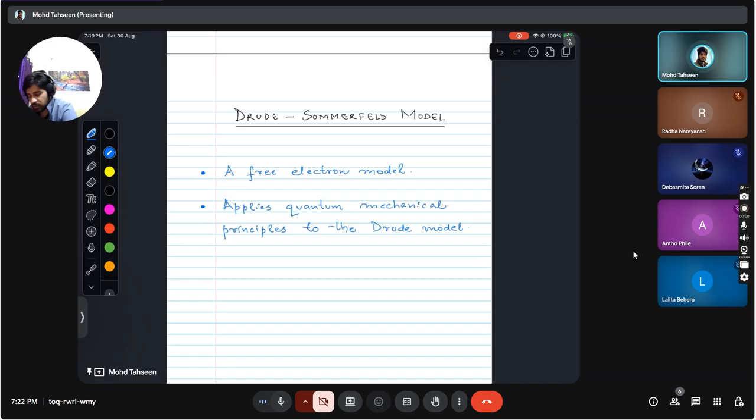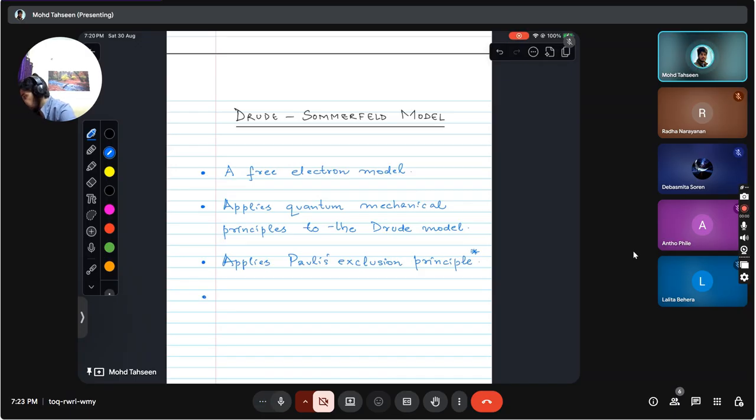The Drude model is entirely based on a classical approach, that is Maxwell-Boltzmann statistics, but the Drude-Sommerfeld model is based on quantum mechanical principles. And number three, it applies what we call Pauli's exclusion principle, right? I'll make a small comment on this later.